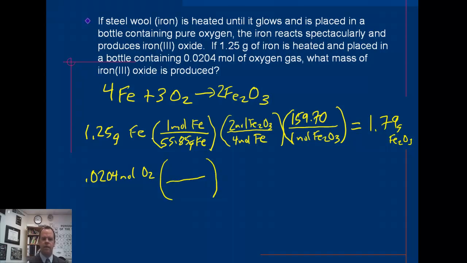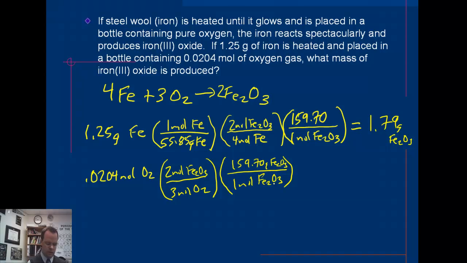Now we need to do the same thing with oxygen. We need to convert it to grams of Fe2O3. In this case, we're starting with moles, so we're going to do 2 moles Fe2O3 for every 3 moles O2 from the balanced equation, and then 159.70 grams Fe2O3 for every 1 mole Fe2O3. So 0.0204 times 2 divided by 3 times 159.70.